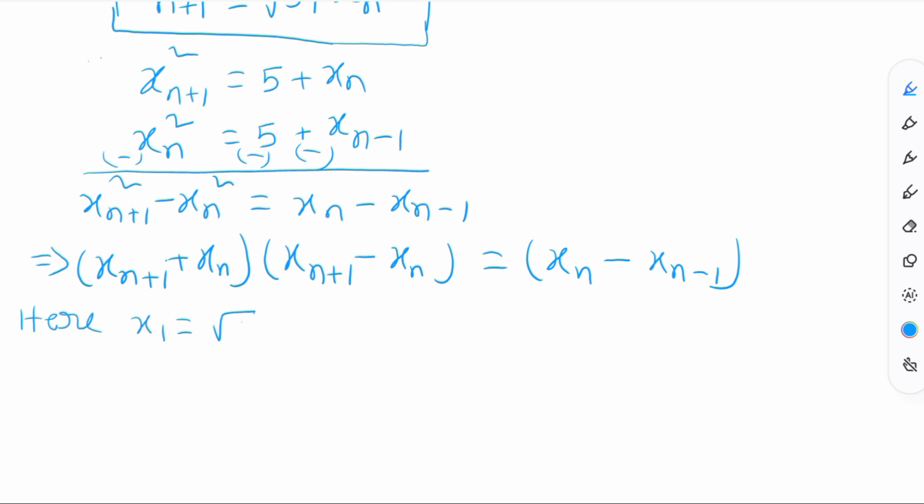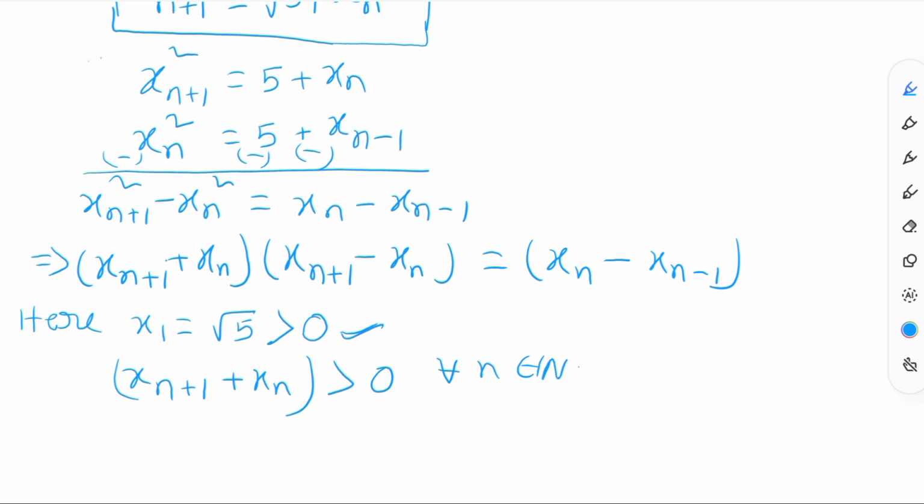Now students see here, x1 equals root 5, which is greater than 0. So the first term is positive, that means all terms of the sequence are positive. That means xn plus 1 plus xn is greater than 0 for all n belonging to N. Clear everyone?